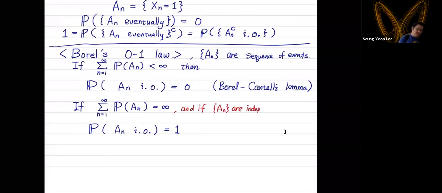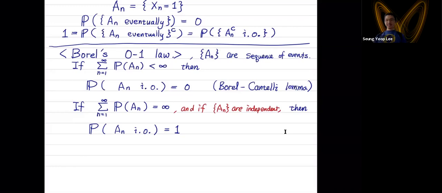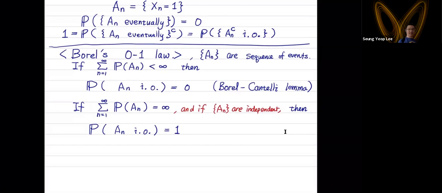So these infinitely many events must be an independent set of events. Then the probability of A_n infinitely often is 1. So it's either 0 or 1 if the sequence of events is independent. And this is called the second Borel-Cantelli lemma.